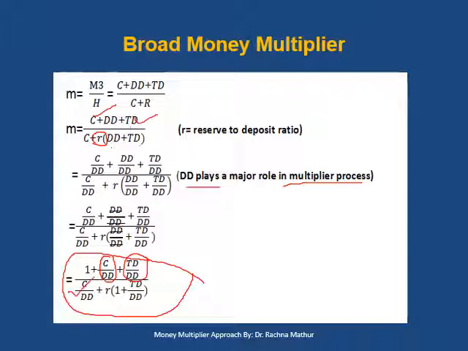So it is important to note that in this equation we are talking about the currency ratio and time deposit ratio, whereas in the earlier equation we were just talking about the absolute figures: the currency with the public, demand deposits with the banks, and time deposits with the banks.